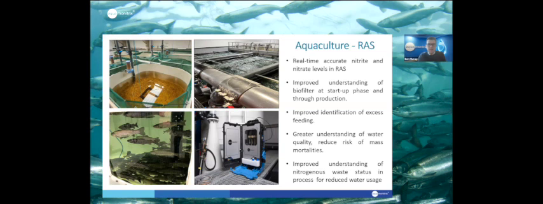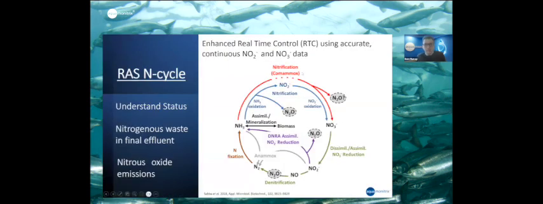So just to elaborate on that a bit further, working towards a reduction in water usage, a key consideration is, of course, the nitrogen cycle. By having that real-time nitrite and nitrate data, it allows for an improved understanding of the status of the nitrogen cycle.